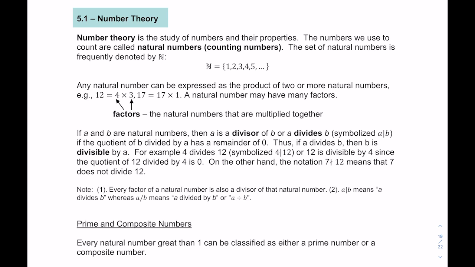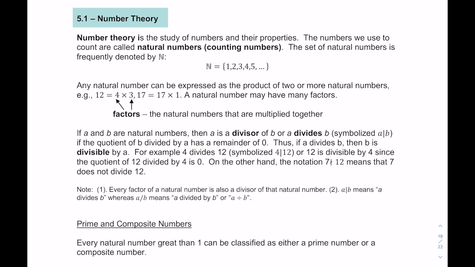Another important term that we use is the word divisor and divides and divisible. So what do those all mean? If you've got two numbers that are natural numbers, let's call them A and B. A is a divisor of B, or A divides B, which is symbolized using this vertical bar. That's A divides B, if the quotient of B divided by A has a remainder of 0.